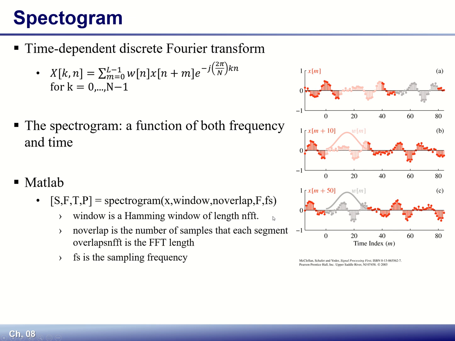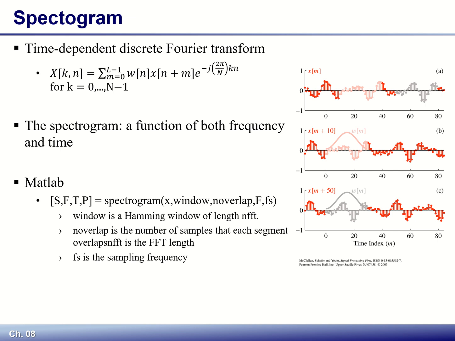We have studied Fourier series for continuous time periodic signals in chapter 3. Since continuous time cannot be handled in a computer, we sampled it as discrete time.